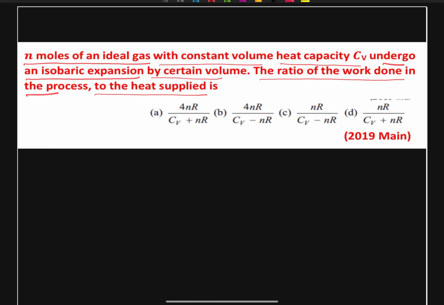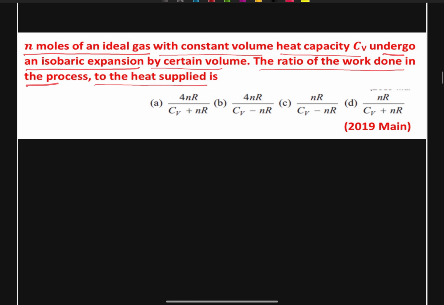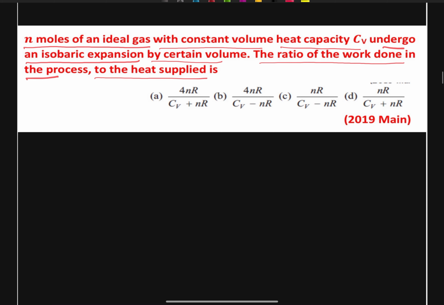So we know that the work done will be equal to P times delta V, and heat supplied will be equal to Q, because it is isobaric, so Q is equal to n C of P delta T. So let us start from there.